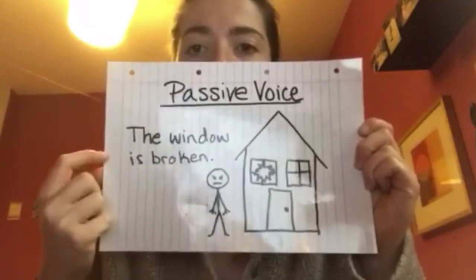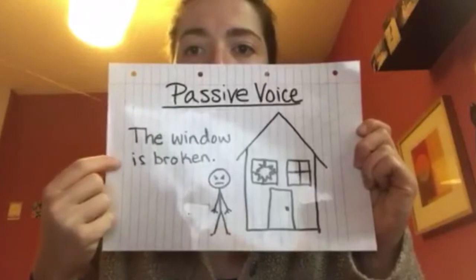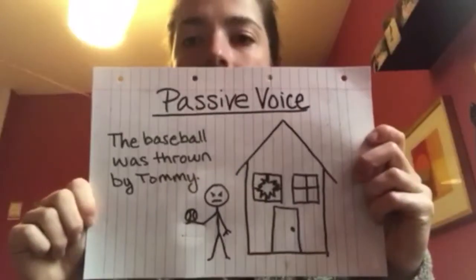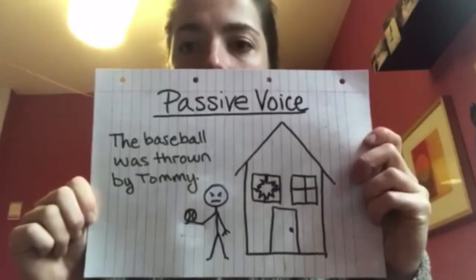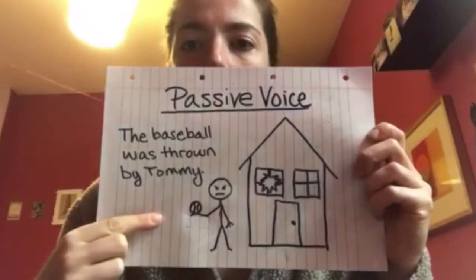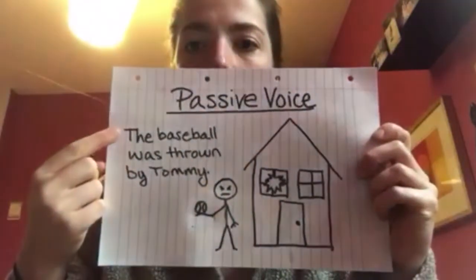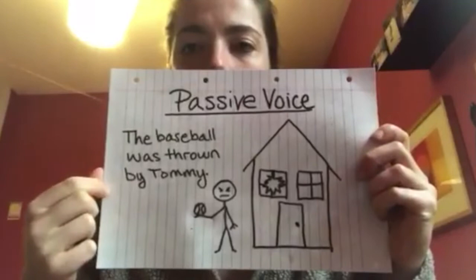So in the passive form, we have the sentence, the window is broken. Now the neighbor wants to know who threw the baseball? So he can ask, who was the baseball thrown by? The baseball was thrown by Tommy.